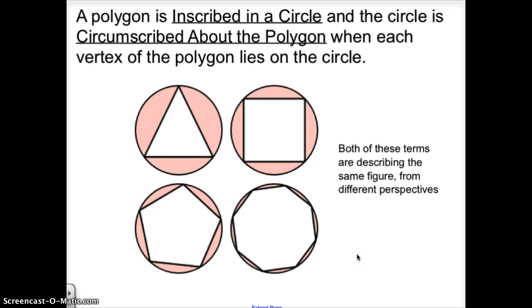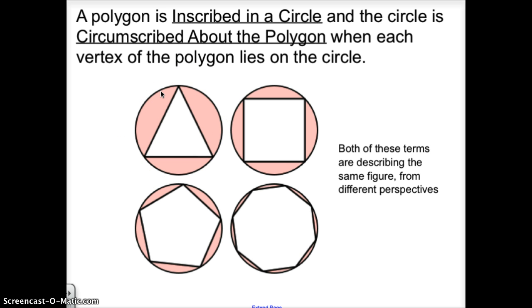The terms inscribed and circumscribed are two terms where the prefixes give away what is happening to the figure. A polygon, the triangle, the square, the pentagon, and so on, is inscribed, meaning it's inside, inscribed in a circle, and the circle is circumscribed about, not around, but about the polygon.